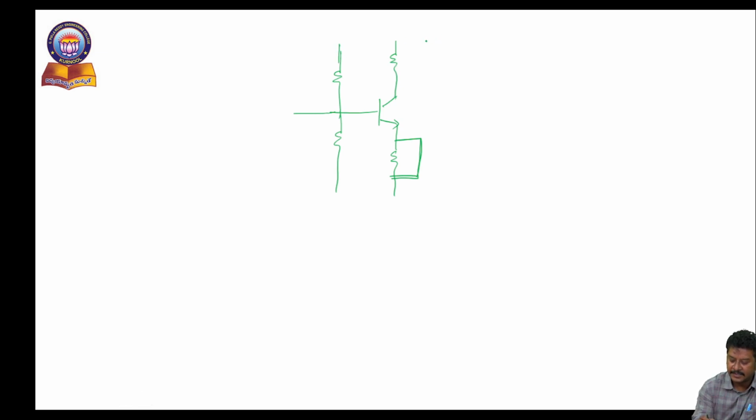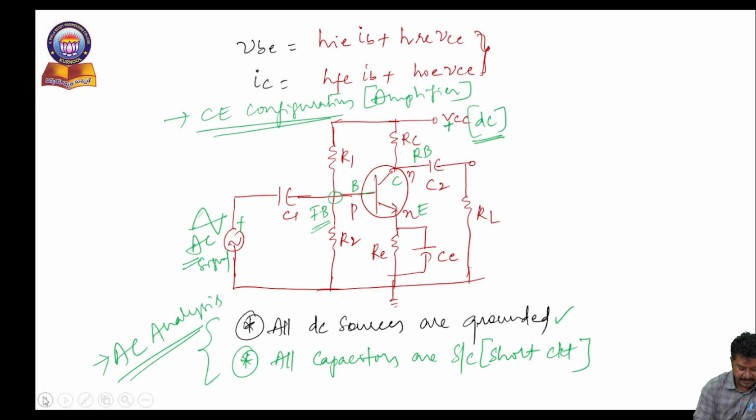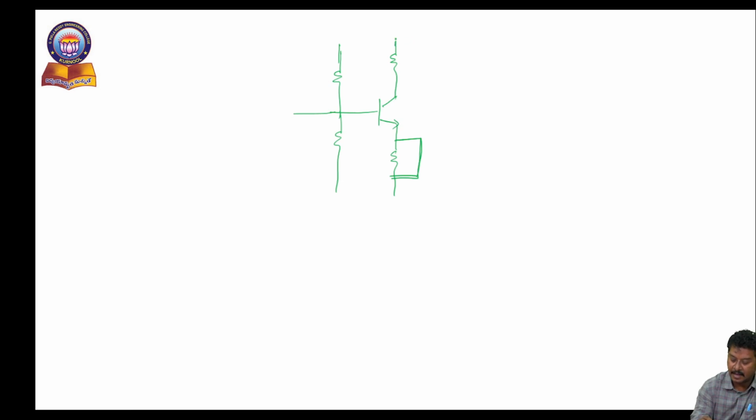Here I am making VCC as 0. In the previous slide I considered VCC as some value, but now VCC equals 0, nothing but grounded, like this, RC. And here also this is grounded, because VCC is 0.